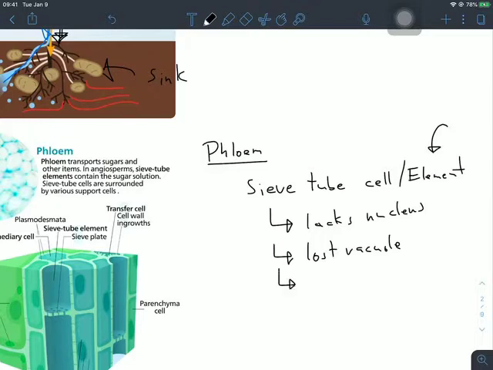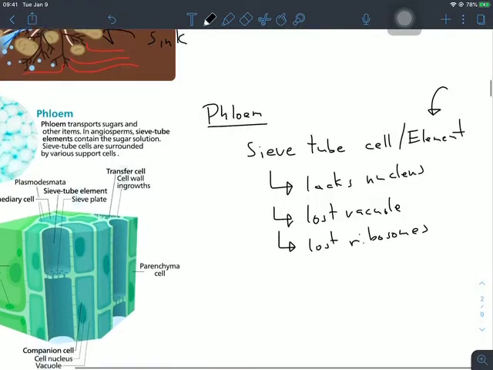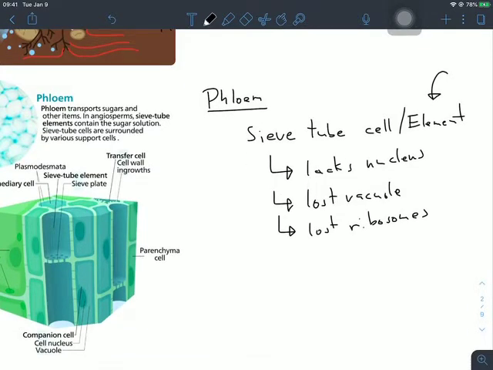They've even lost ribosomes, so they're not making a whole bunch of new proteins, but they still do maintain the plasma membrane, and very importantly, they have lots and lots of endoplasmic reticulum, or ER.